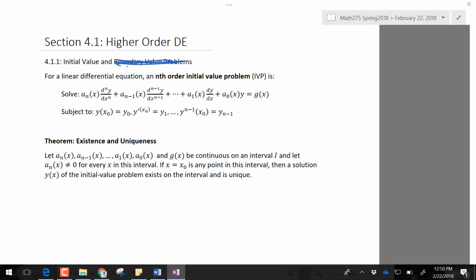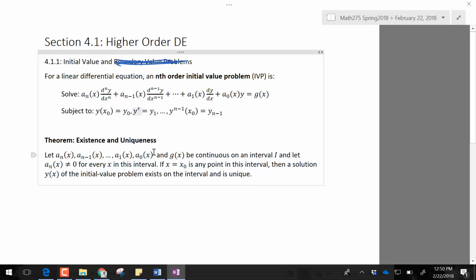And the initial conditions are generally based on one point, say x naught. And we're finding values for the original problem, the derivative, the second derivative, as many derivatives as one less than the order.